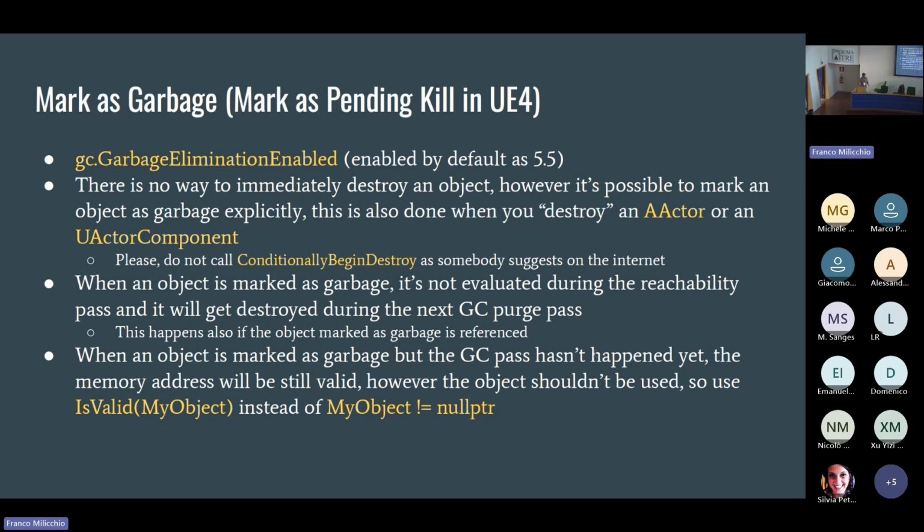And when an object is marked as garbage and the GC pass hasn't happened yet, the memory address will still be valid. However, the object shouldn't be used at all. So I recommend using the isValid method instead of explicitly checking if the object is a null pointer, because it won't be a null pointer, but it will be destroyed very, very soon.